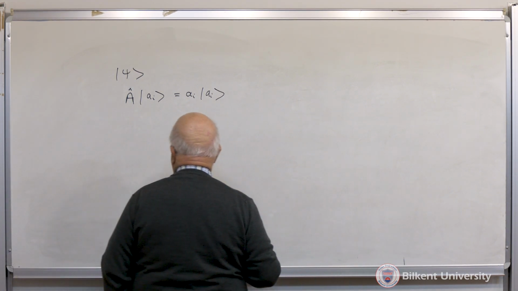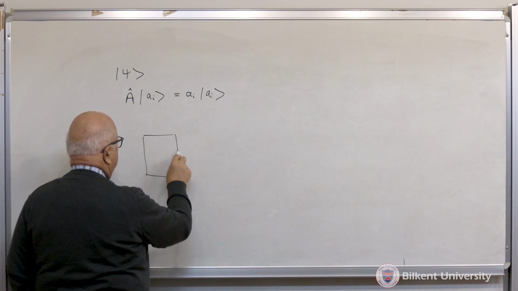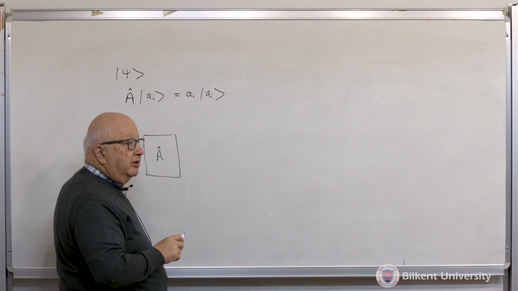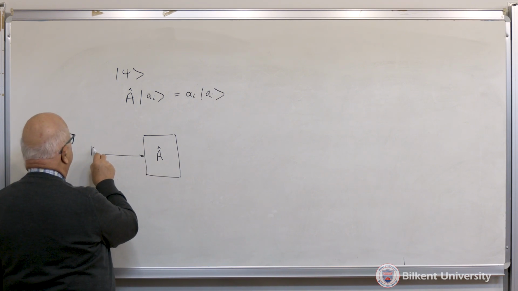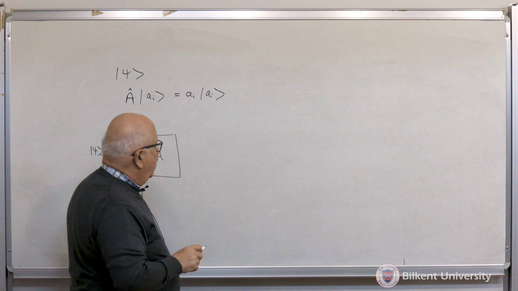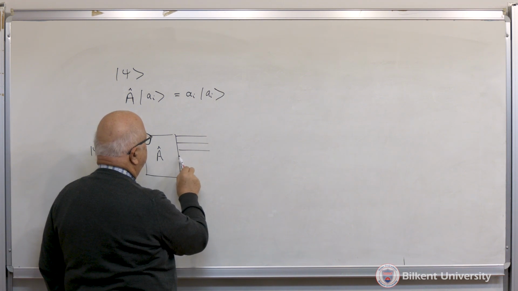Okay, so if I have a certain measurement operation, A, and here comes my input to the experiment, psi comes in, and what do I get? I get the possible values of the measurement.